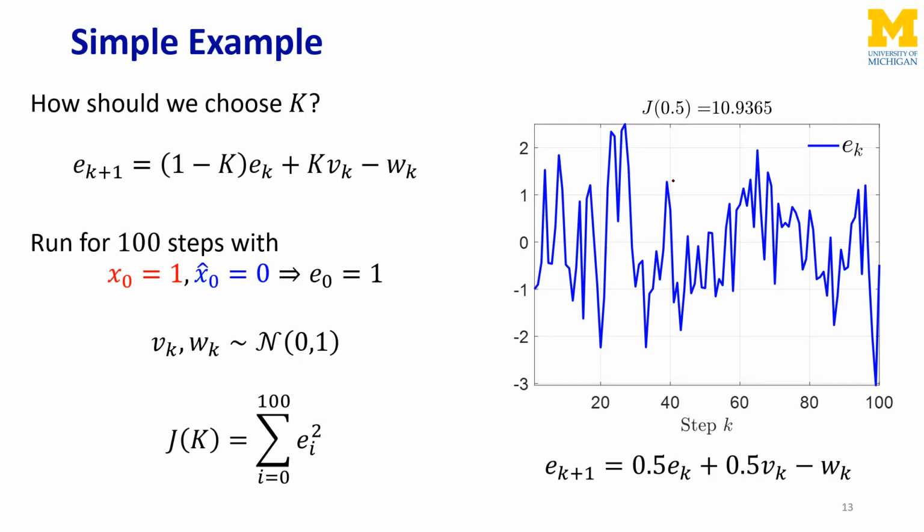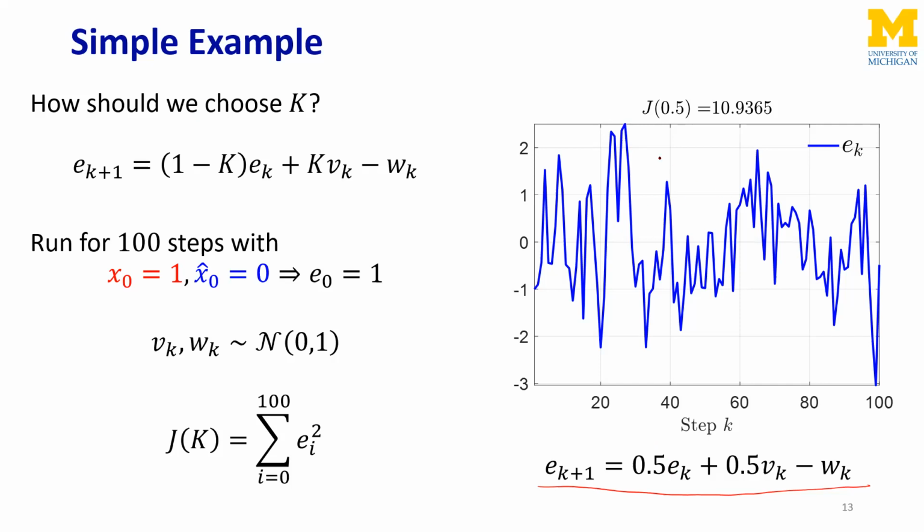In this case, I choose the gain K to be 0.5. I run exactly the same experiment. Our error dynamics is going to be given by this equation with 0.5. And note that we don't have the error e_k in usual applications, but this is an example that I'm running on my computer, so I can access all these variables.